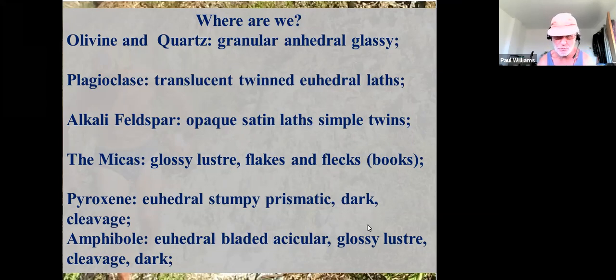I said that if you have the two together, the amphibole tends to be more lustrous, has more of a glossy luster than the pyroxene. So that can be one way to distinguish between the two. And of course, you'd also look for the bladed, euhedral, acicular crystal form for the amphiboles.